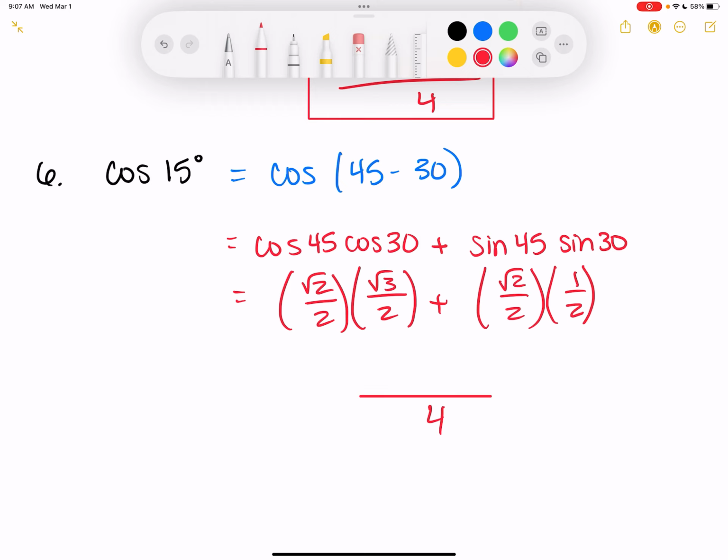That's going to be the square root of 6 plus the square root of 2 over 4. If you want to write the middle step of the square root of 6 over 4 plus the square root of 2 over 4, that's fine. But if you want to just go straight to here, that's okay. I'm going to write in this middle step here, just so if you go back, you can see it.